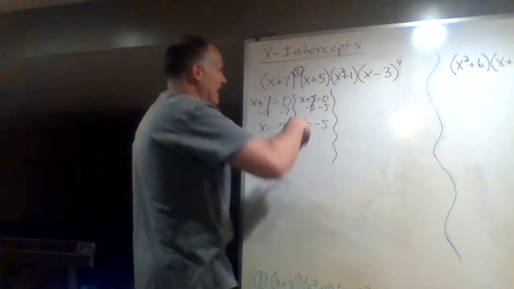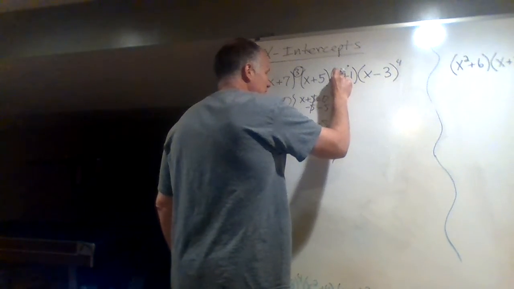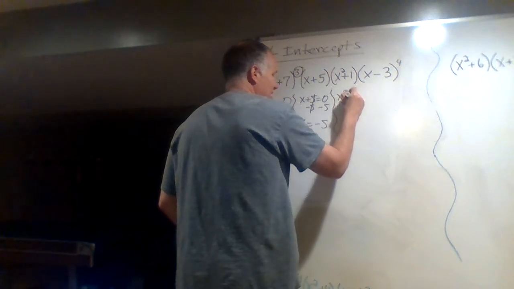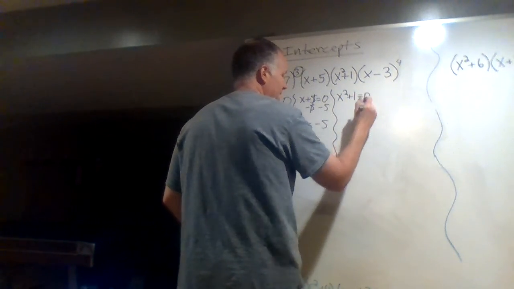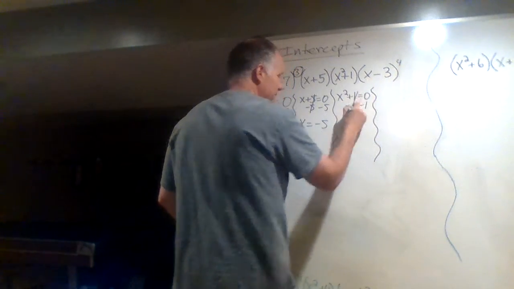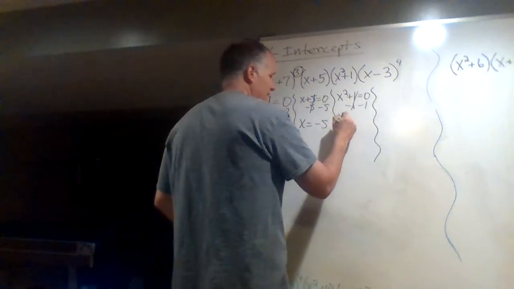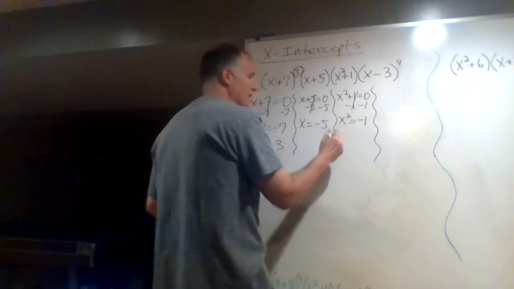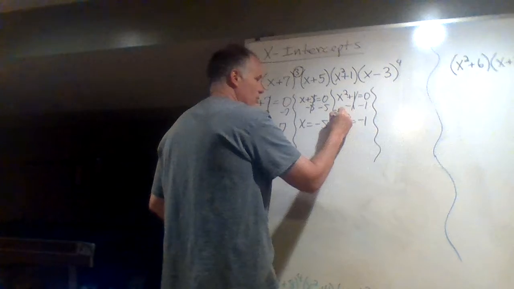Now hopefully you start recognizing that when you have a square inside, that's going to cause a problem. I minus 1, so x squared equals 0 minus 1, which is negative 1. Remember, to get rid of the square, we square root.